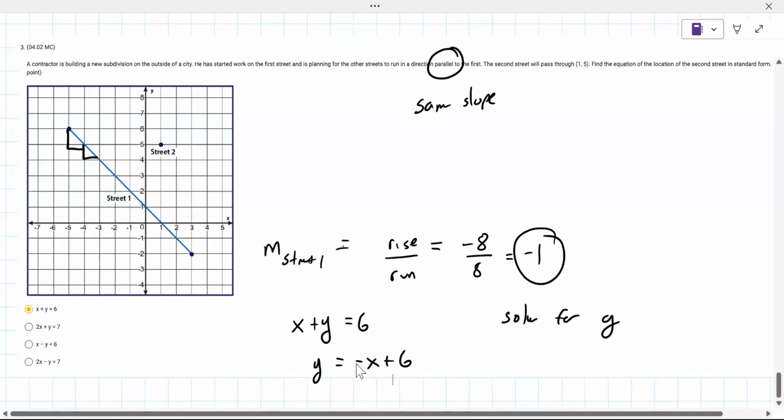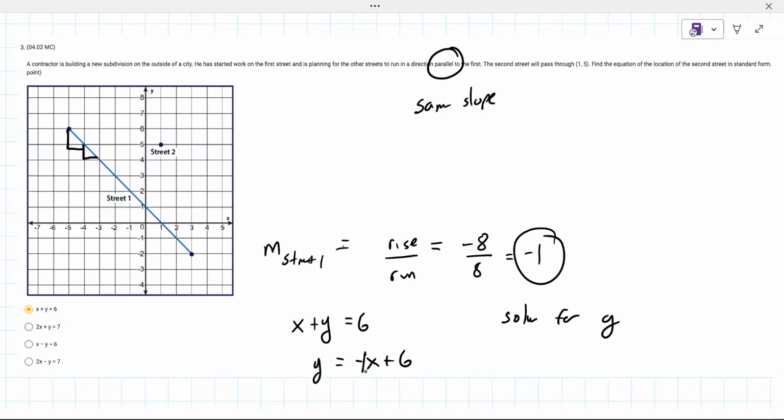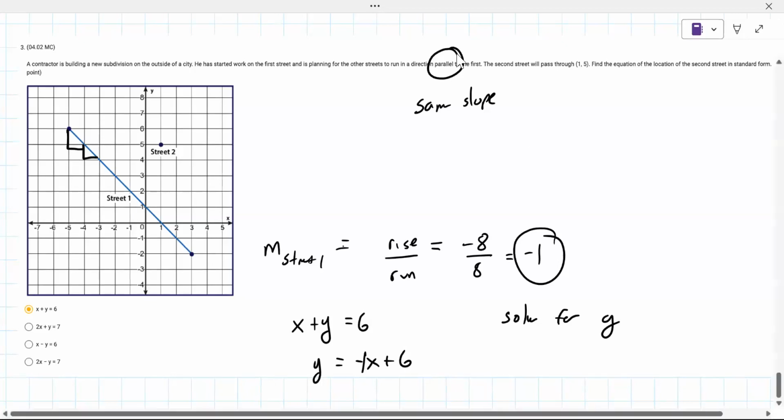That would be negative x, plus 6, so the y-intercept is 6. That'd be -1 as the slope. That's right. So -1 is the slope, which means that they have the same slope. So that's a good start.